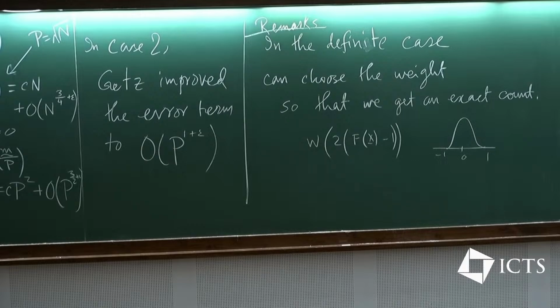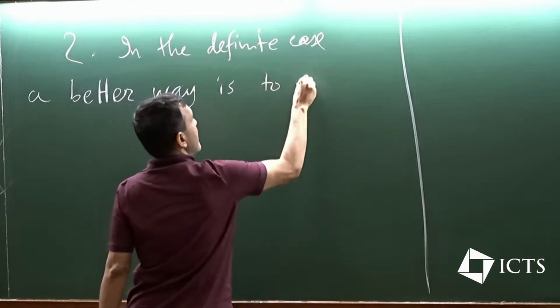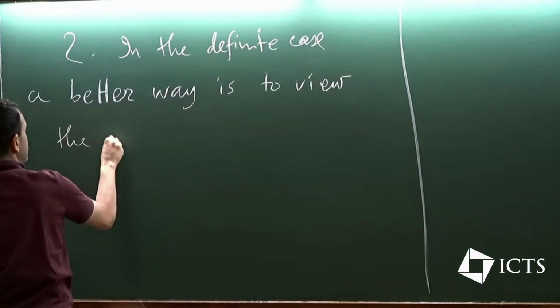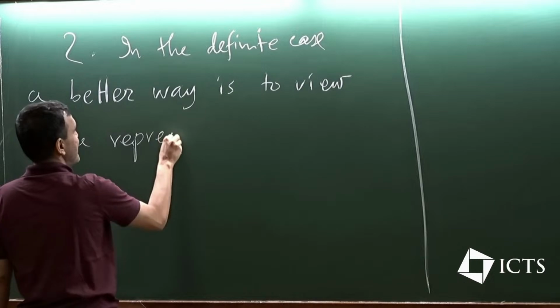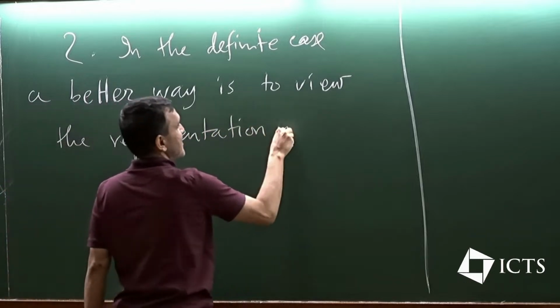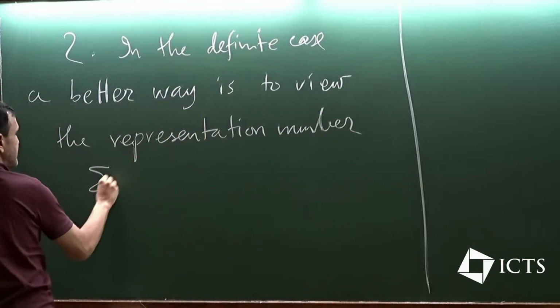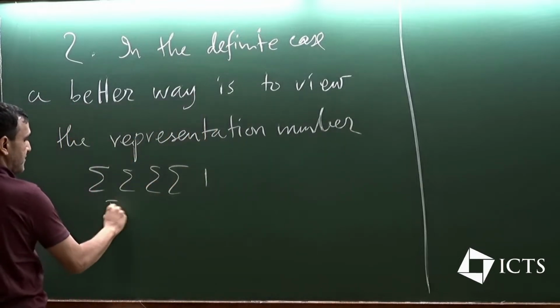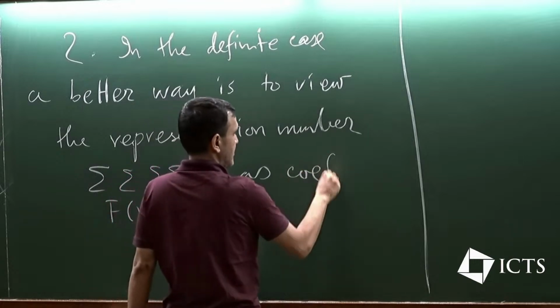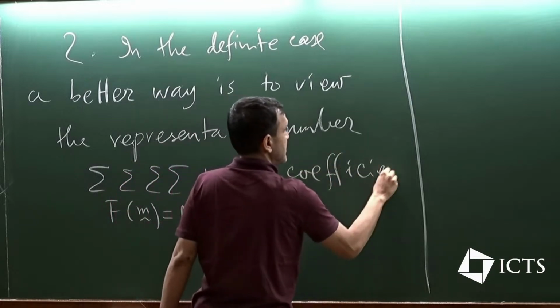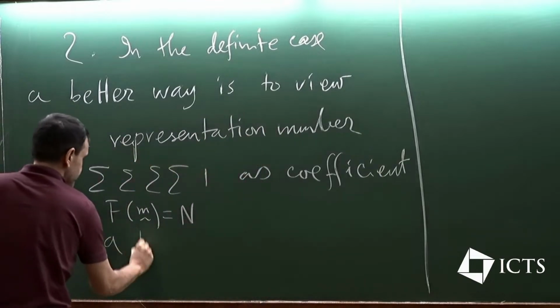In the definite case, a better way is to view the representation number, which means you count f of m equal to n, as a coefficient of a theta series.